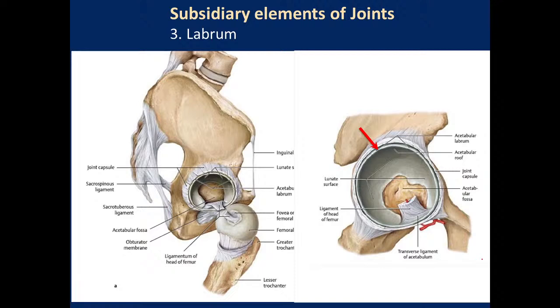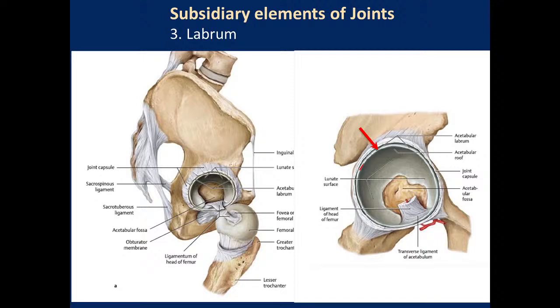Next, a subsidiary element of joints called labrum. The labrum we find in the hip joints and in shoulder joints.